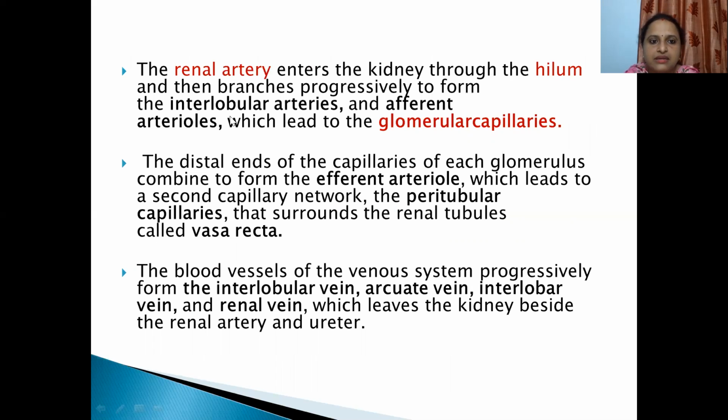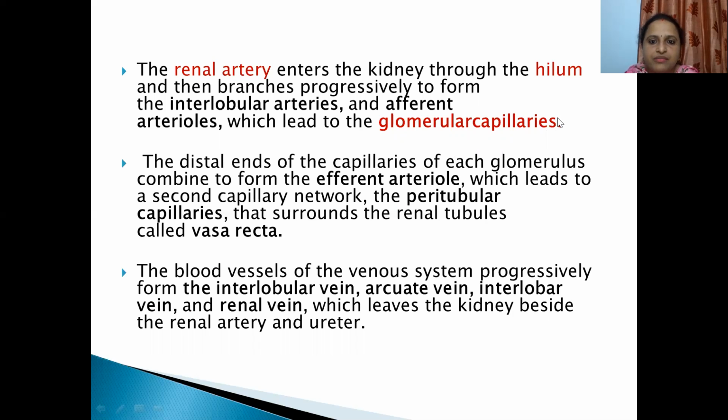And this renal artery progressively enters into the kidney and divides into interlobular arteries. And these interlobular arteries then again differentiate into afferent arterioles. And these arterioles form glomerular capillaries by entering into Bowman's capsule.